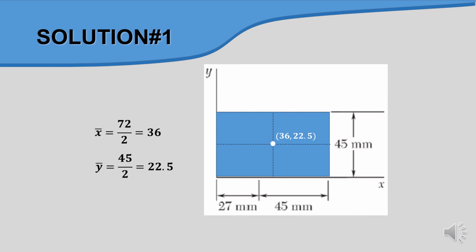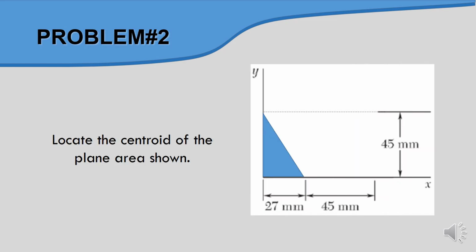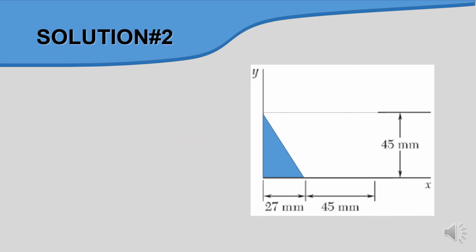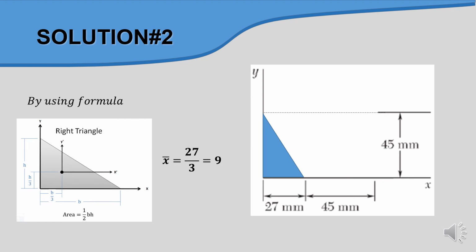Okay, in order to get the centroid of a triangle or something like this, in problem 2, we will basically use the formula for common shapes from the previous slide. To get x bar and y bar, we use the formula for the triangle.